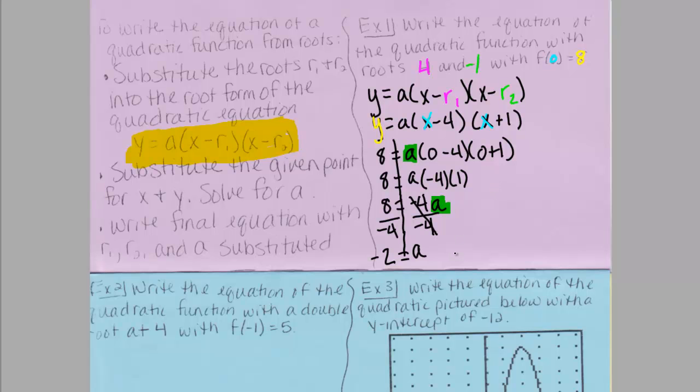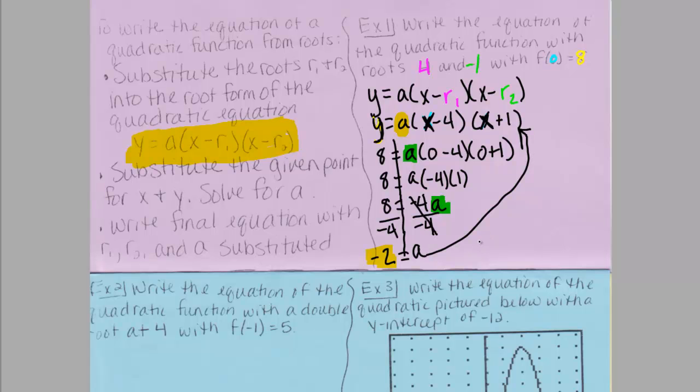So now what we're going to do is that this a right here will replace this a here. So we're going to take it and plug it back into this equation just for the a. The y will stay a y now, and the x's will stay x's, and only the a will be replaced.